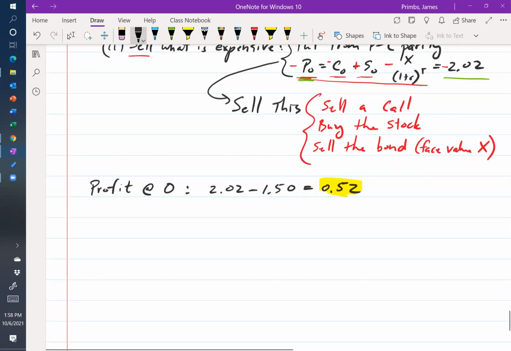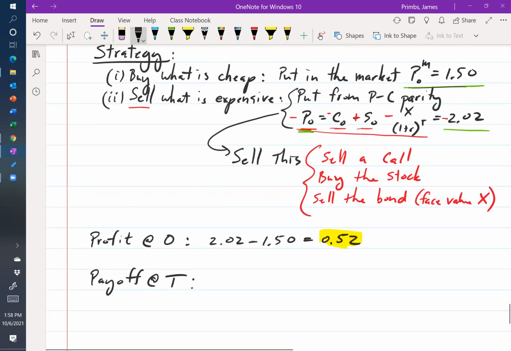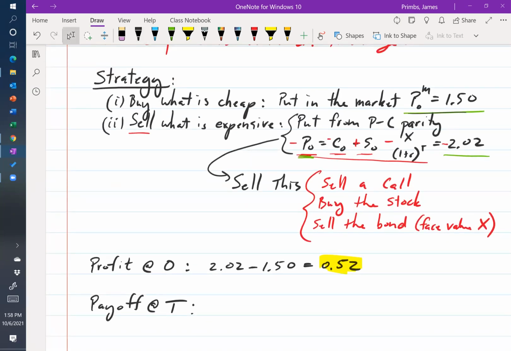What happens at expiration? What's my payoff at expiration? No, it's not going to depend on the stock price. Why? Because I am long a put. I bought the put in the market for $1.50. I'm also short that exact same payoff.